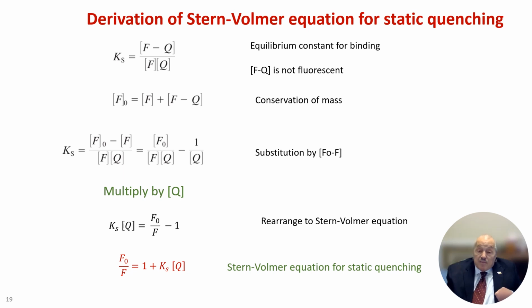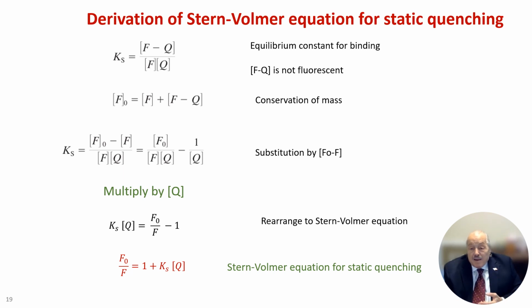Initially, we derived the Stern-Volmer equation based on using the Jablonski diagram, but it can be done in a slightly more rigorous way. For those of you who are mathematically inclined, we can consider the equilibrium constant for binding of the fluorophore and the quencher. We have to consider the conservation of mass, which is the total amount of fluorophore is equal to the free fluorophore and the bound fluorophore.